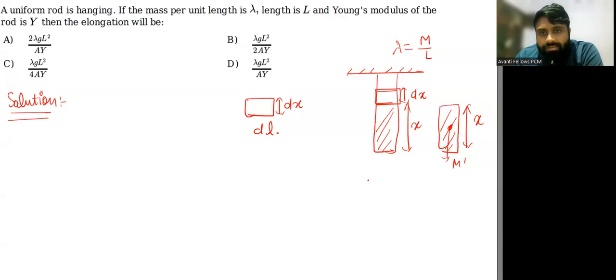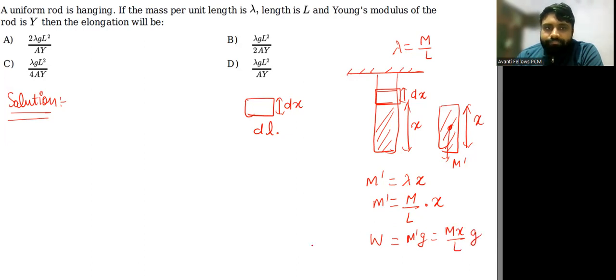We know that m dash is nothing but lambda into the length. Lambda is m upon L, into x. Now this is the mass. So what will be the weight? Weight is m dash into g. So it will become mx upon L into g.